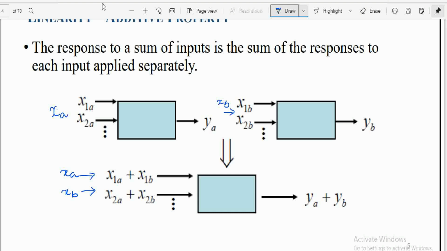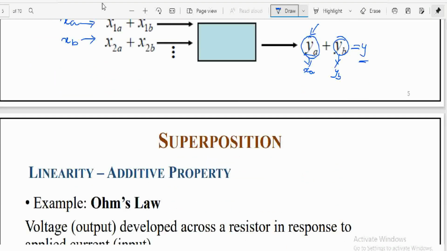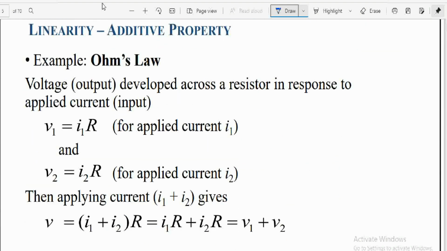Here YA is the response obtained by applying XA, and YB is the response obtained by applying XB. So the total response is equal to the sum of individual responses. If I consider this as Y, the total response is equal to the sum of individual responses. This is the linearity property or additive property.